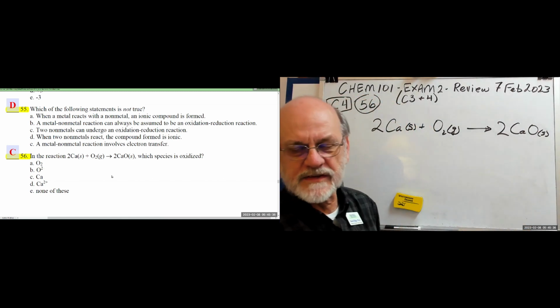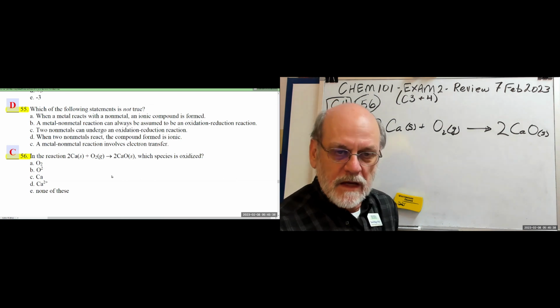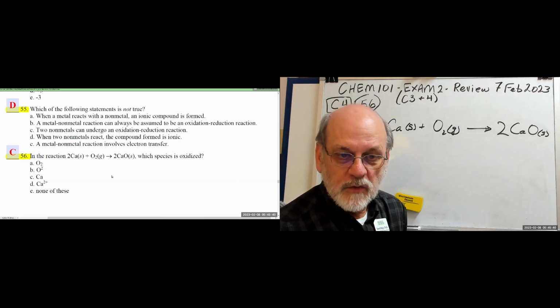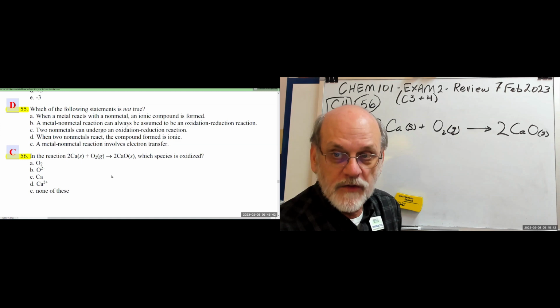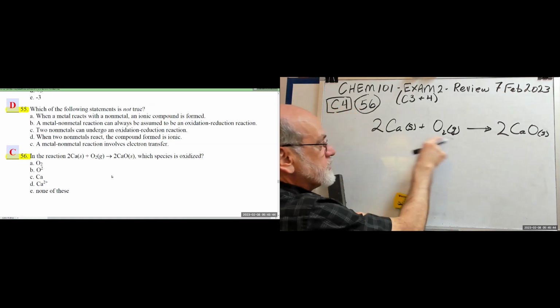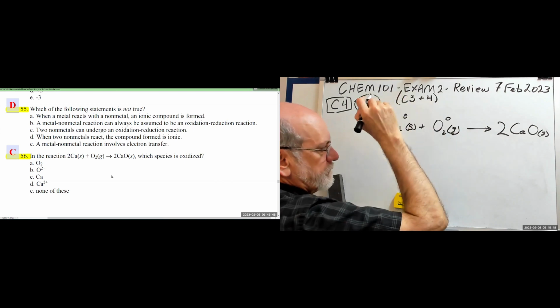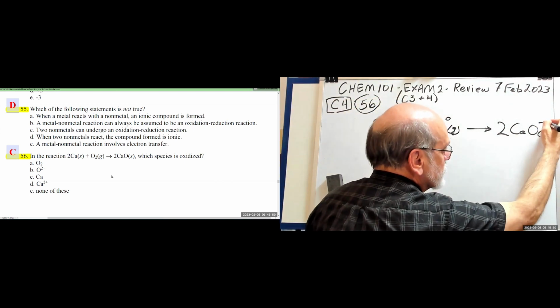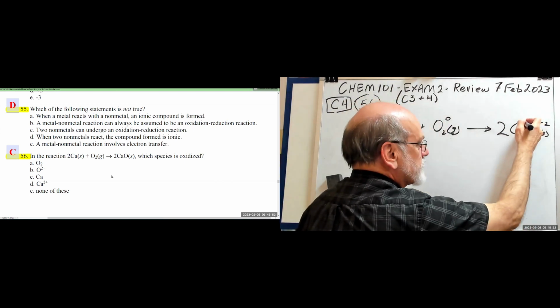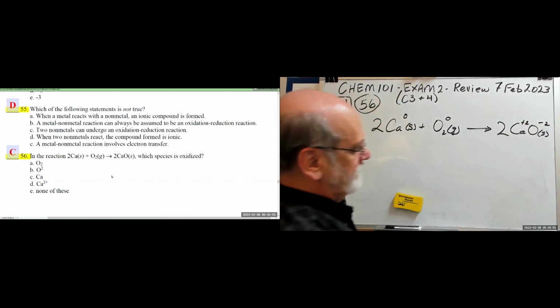Which species is oxidized? First, we have to determine the oxidation states of all the species. These are pure elements, so they're zeros by definition. This one's a -2. That means calcium has to be a +2.